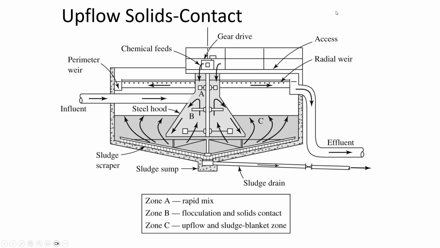This sludge scraper sweeps any sludge, which is like flock plus hardness chemicals that are precipitated, that settles to the bottom, and accumulates it into a central sump area where then it can be drained out and dewatered and disposed of. So then the clear water, which is finished and has no or very little turbidity now, goes to the top and exits through a series of weirs.